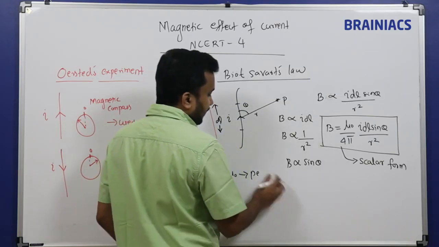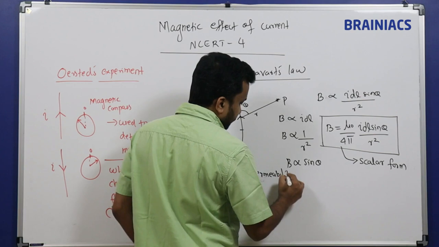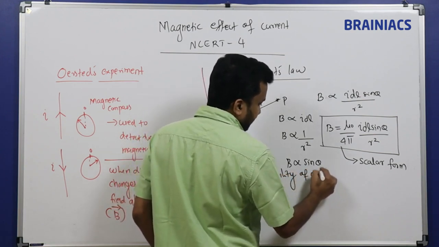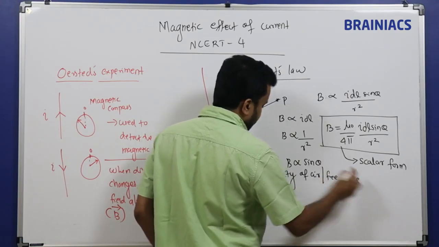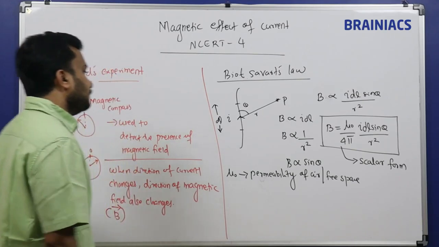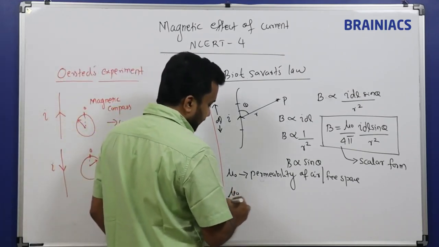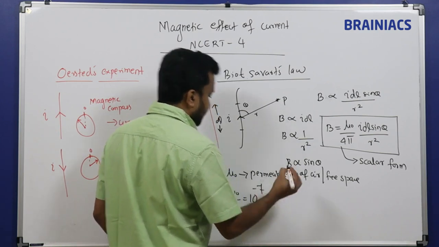Mu 0 is called the permeability of air, or also free space. Both are the same. Then the value of mu 0 divided by 4 pi is equal to 10 power minus 7.